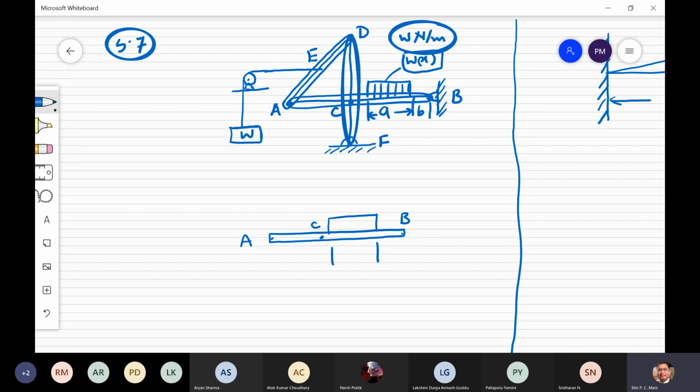This is the a distance, and from here to here is B. You have to convert this uniformly distributed load into a concentrated load. At the center point it will act, and you are going to remove the distributed load.